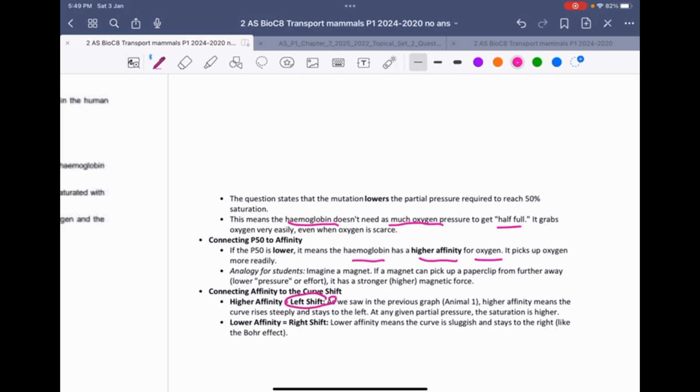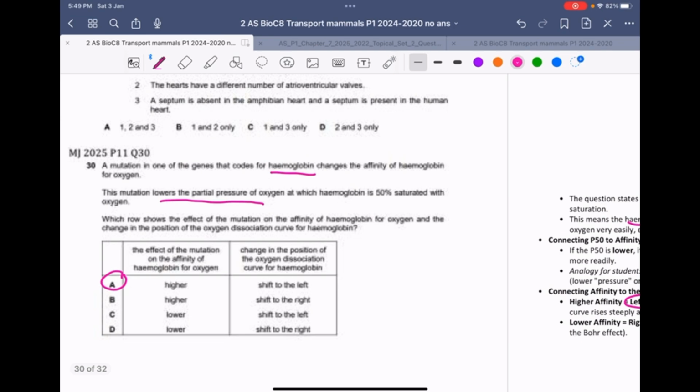High affinity means that the curve rises steeply and stays more to the left side. So at any given partial pressure, the saturation of the hemoglobin with oxygen is higher. So that is A, because it will increase the affinity of the hemoglobins to the oxygens after mutations.